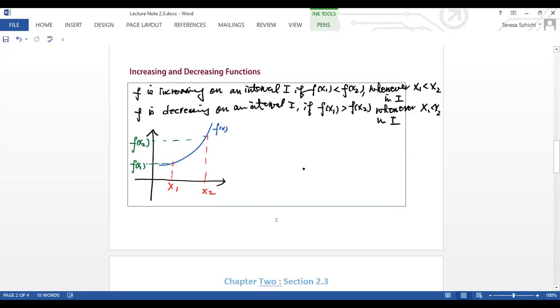As you can see, when x2 is greater than x1, this function is continuously going up, right? So that's why we say this is an increasing function.